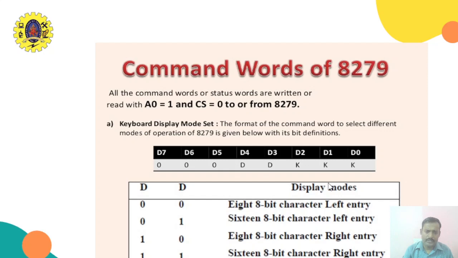Look at this, 01 is 16 8-bit character, left entry. 10 means 8 8-bit character, right entry, and 11 means 16 8-bit character, right entry. So it decides whether the data is 8 characters or 16 characters, and whether it is a left entry or right entry. These four combinations will be selected depending upon our requirement.